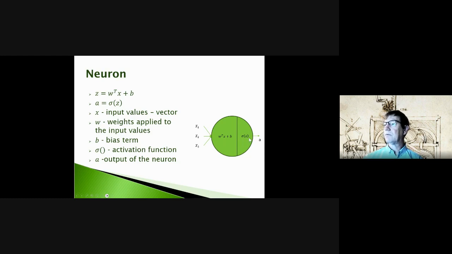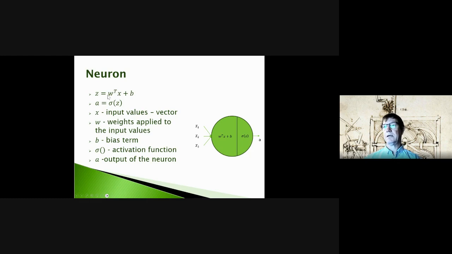Then we run it through, so this equation here produces Z, and then we run that through our nonlinear activation function, and that produces our output, right? So here in mathematical notation, we've got our X. Now X here is a vector, so is W, right?